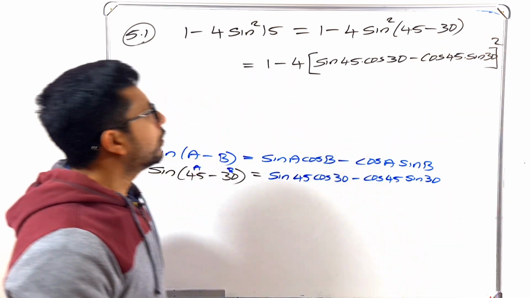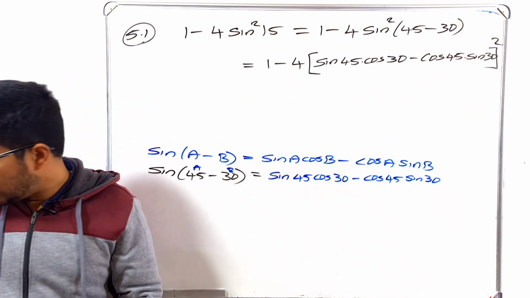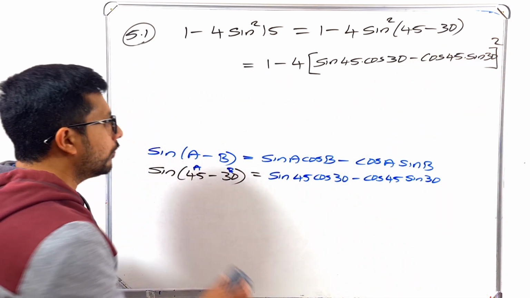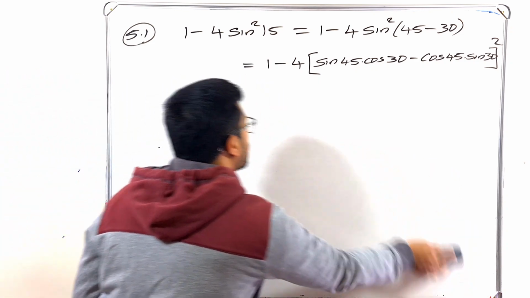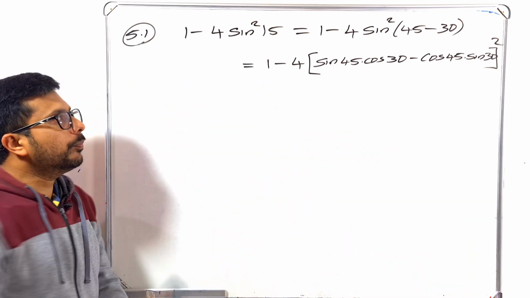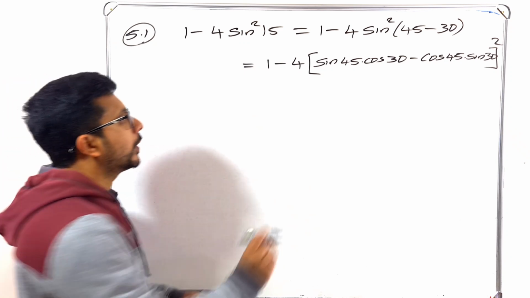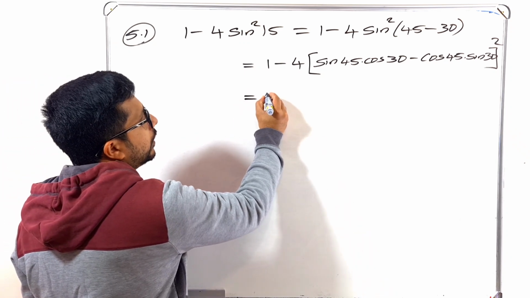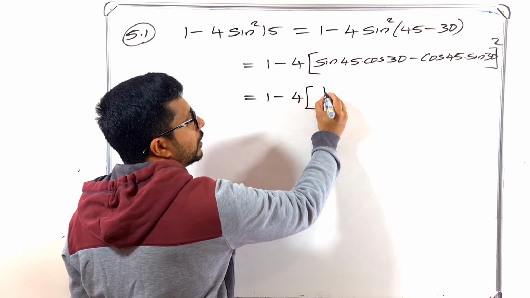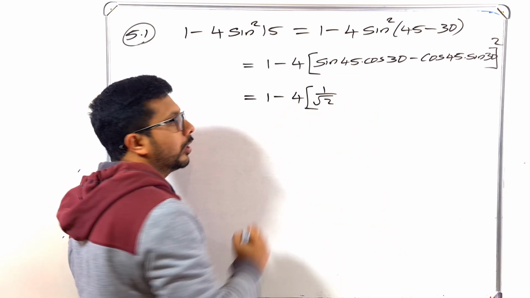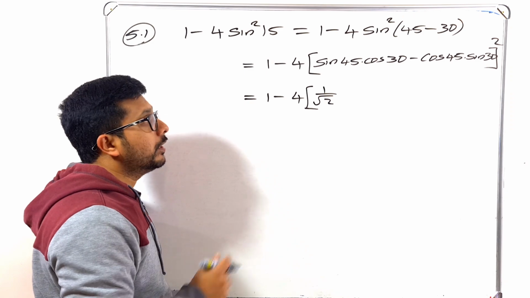All of those are special angles, so we can substitute the values. You have to know what the values of the special angles are. So is equal to 1 minus 4 into sine 45, that is 1 over root 2. I hope you understand, you studied the special angles.